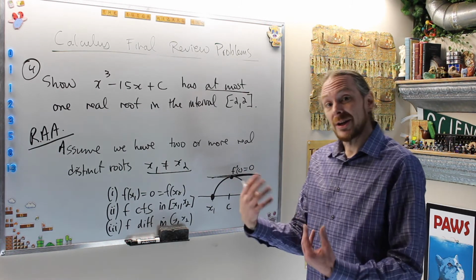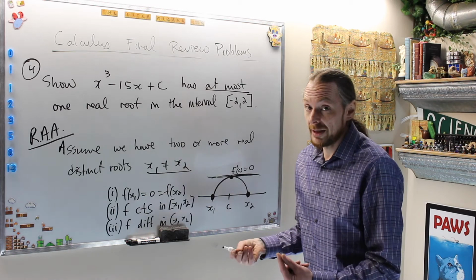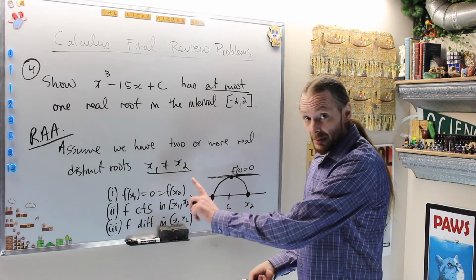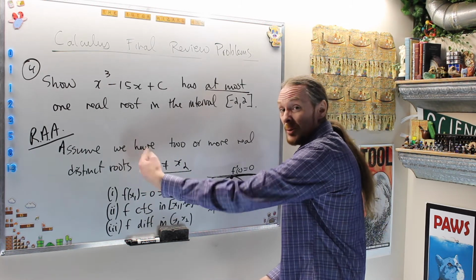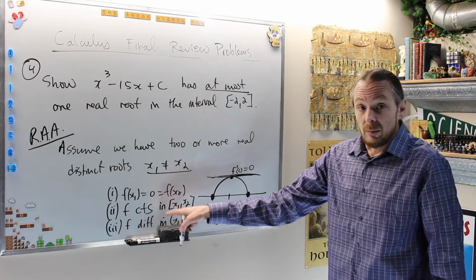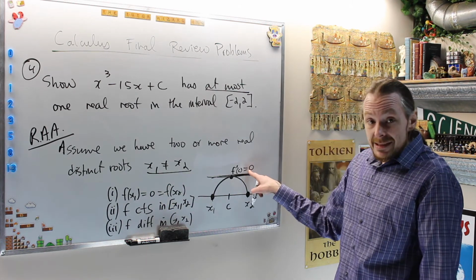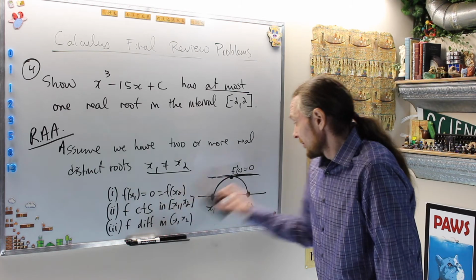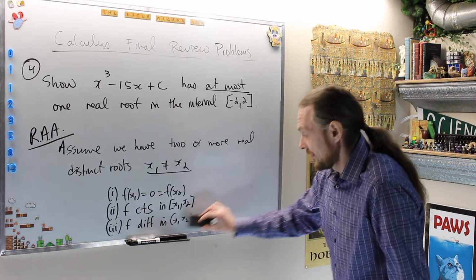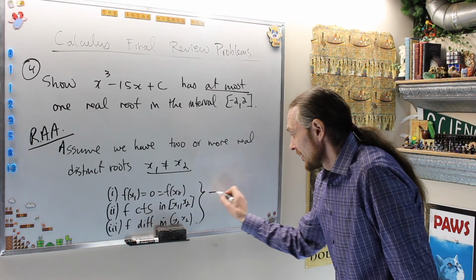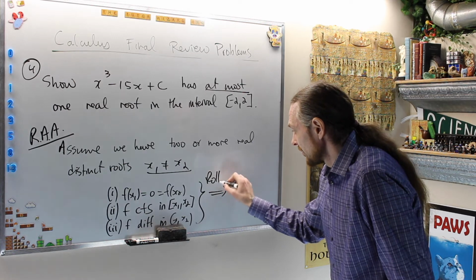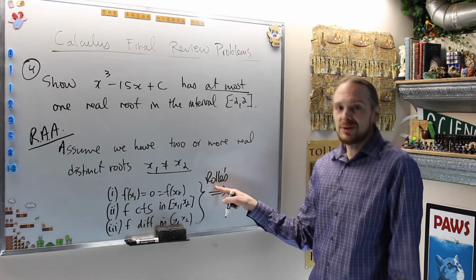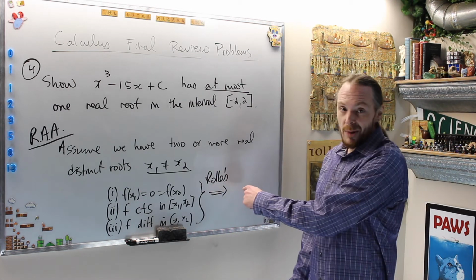And now we're going to get a contradiction, and I need two statements for that contradiction. Statement 1 is Rolle's theorem. Rolle's theorem says if you assume you have two distinct real roots, our derivative is 0 somewhere. I can erase the picture, and then we write "by Rolle's" so that you don't just guess and hope I'd give you marks and a check mark.